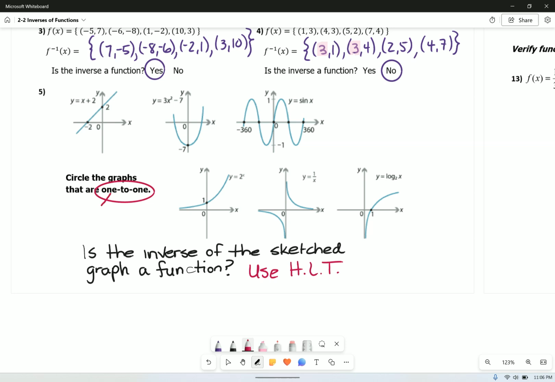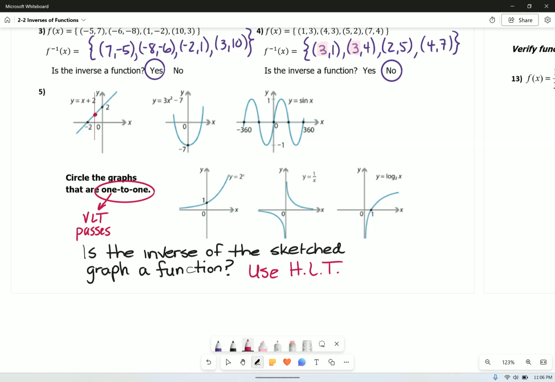The first word, 1, means that it passed the vertical line test. Why? Because your line that you drew vertically passed one time. So I'm going to use a red here to show that this one right now passed only one time. Okay, so this function, the blue graph, is a function.